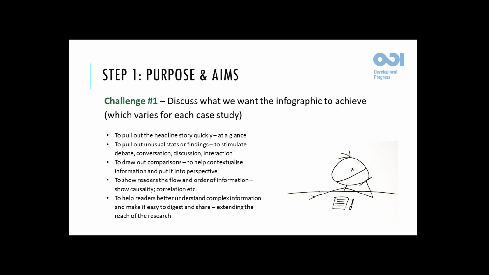So sometimes that can be beneficial. And sometimes it's just simply to help readers understand quite dense and complex information and make it easier for viewers to share and digest and therefore really extend the reach of the research. And I'm just going to take you through examples of infographics that we produced with those purposes in mind.